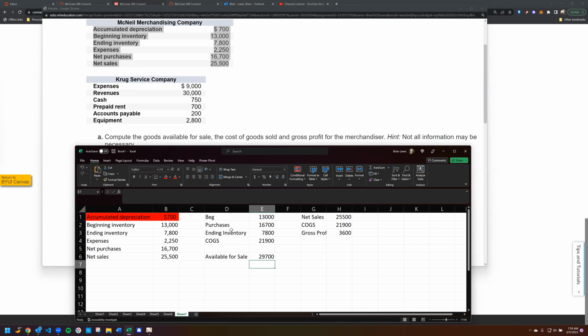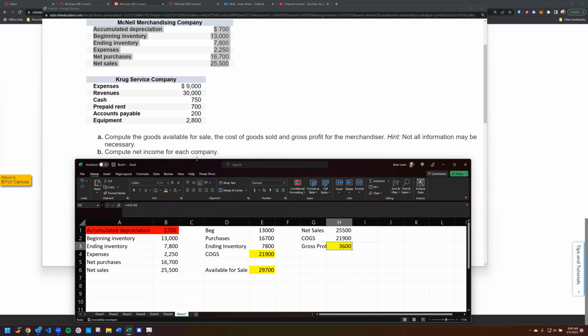The difference in the calculation I did was the cost of goods sold, because you have an ending inventory number: beginning plus purchases minus ending inventory gives you what definitely had to have been sold, assuming there are no discounts or returns. So I think these are my values. That should be cost of goods sold, that should be available for sale, and this should be gross profit of the merchandiser, right?